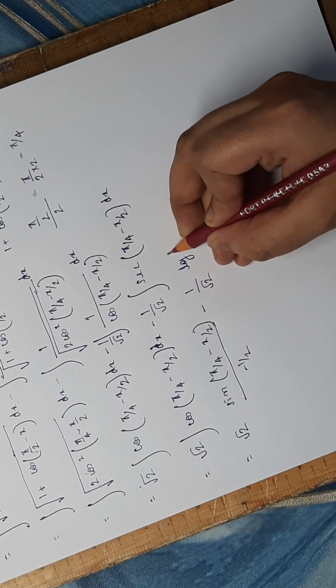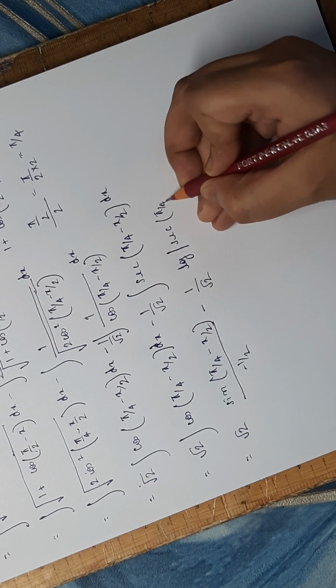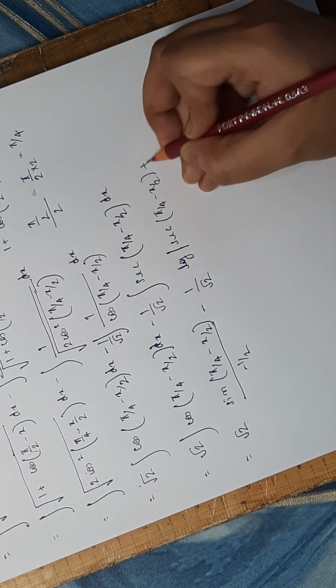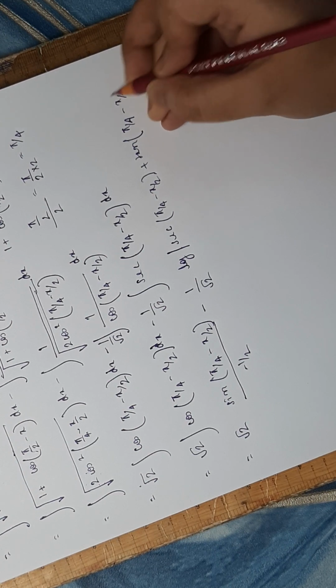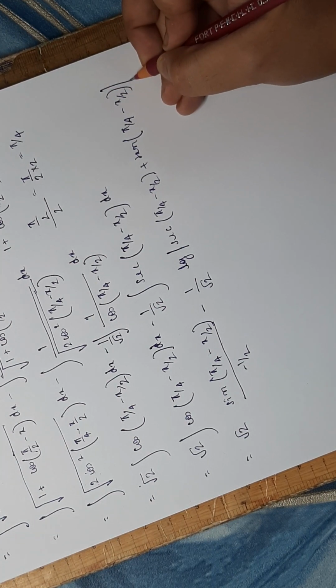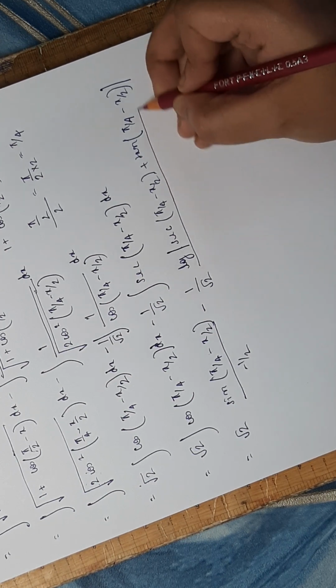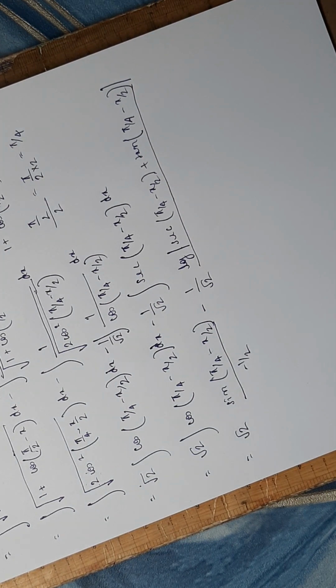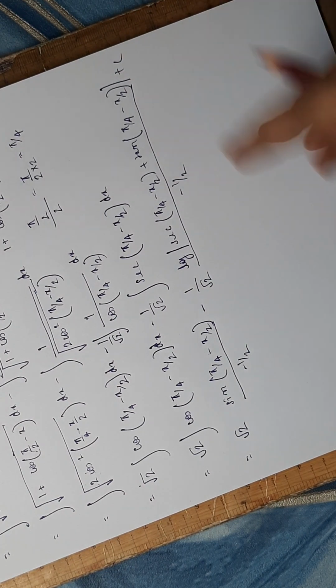It is nothing but log of mod of sec of pi by 4 minus x by 2 plus tan of pi by 4 minus x by 2. The mod sign is something that you have to remember. Now here again you need to put a minus half.